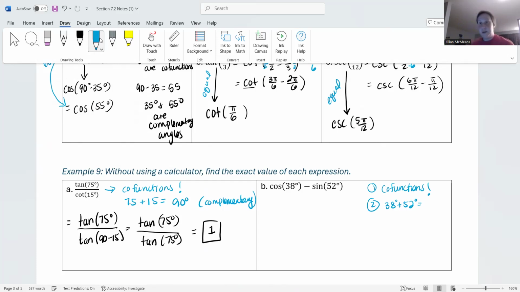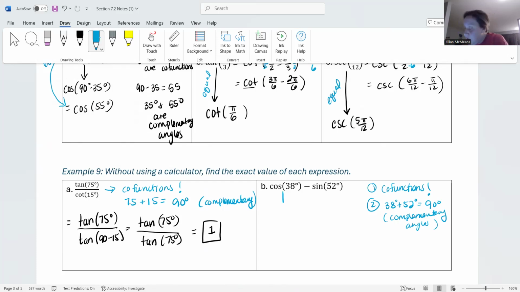Well, 38 plus 52 conveniently happens to be 90 degrees. So these are complementary angles. So we want to rewrite this statement where we have both of these expressions as sine or both as cosine. Doesn't really matter which. Let's say we want to convert everything to cosine.